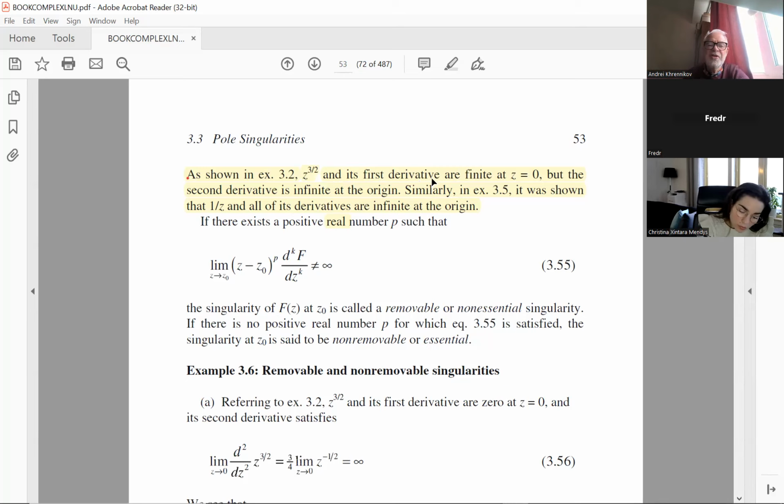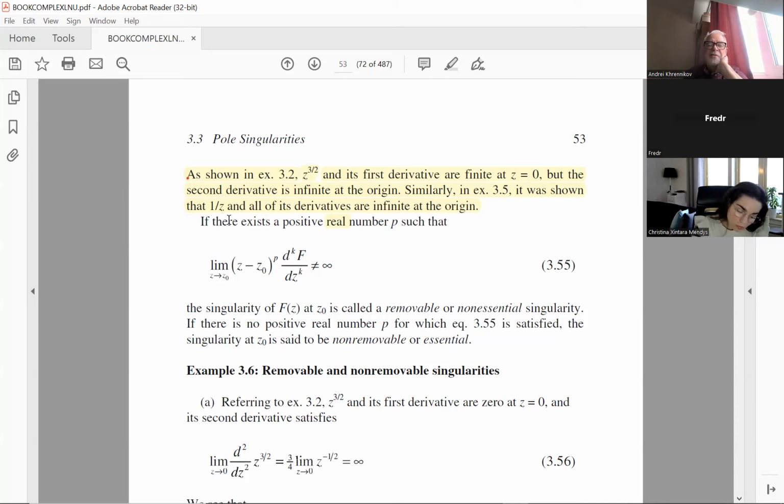So this function, which by itself is well defined, still has a singularity at the point 0, because the derivative of order 2 goes to infinity.